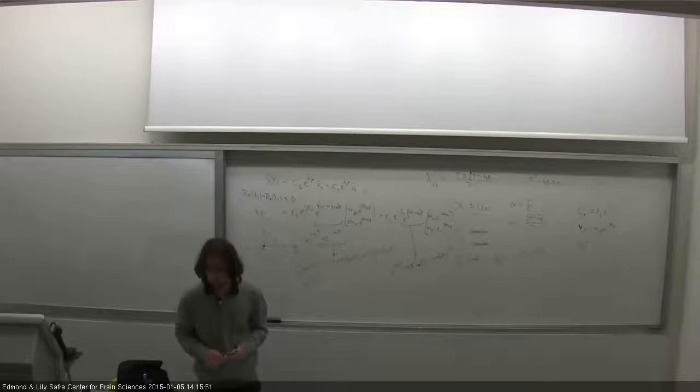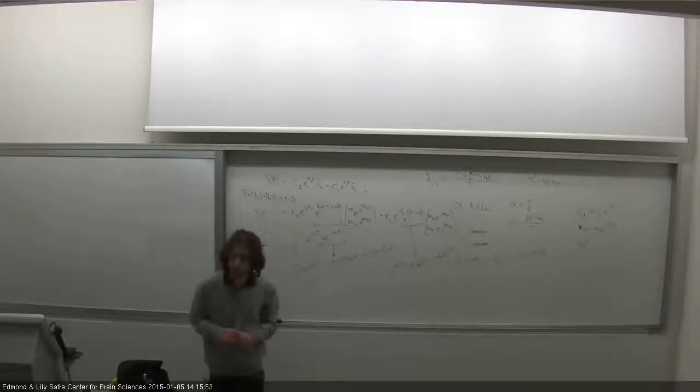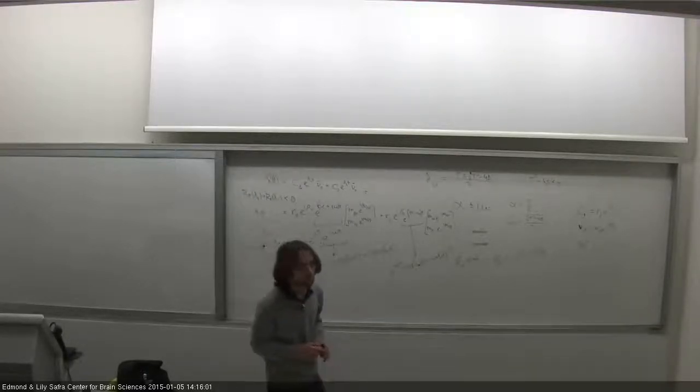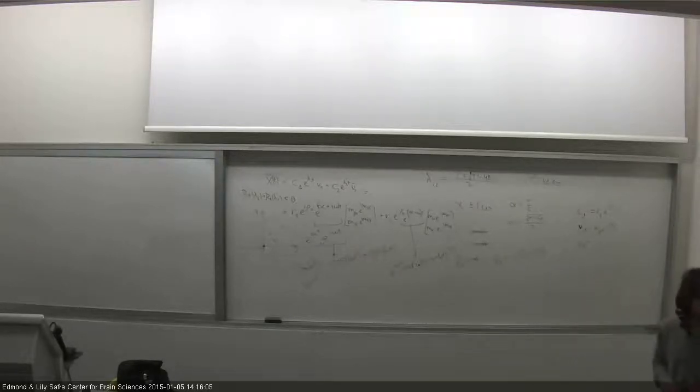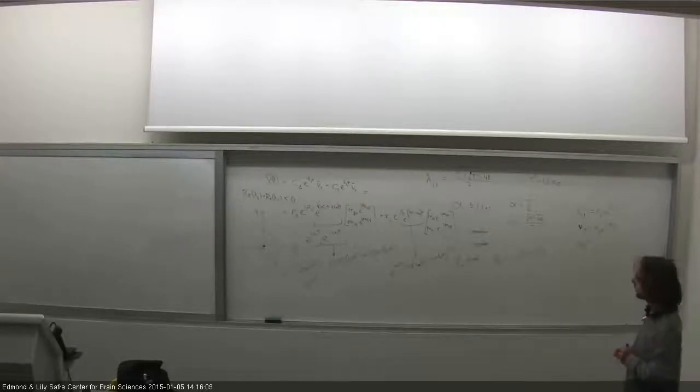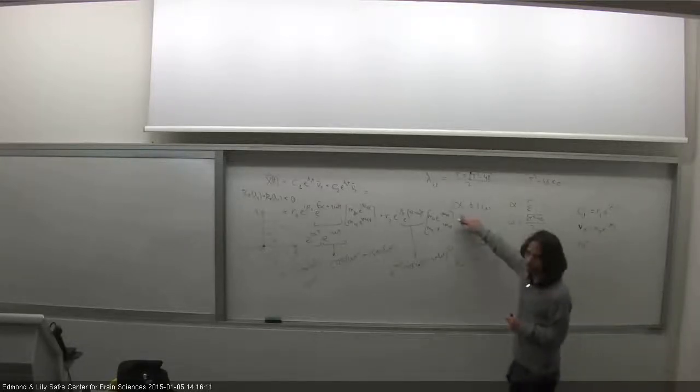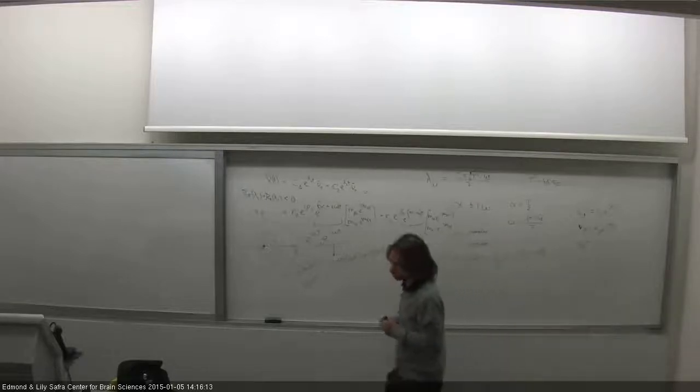Yeah, you can reach a general form. It's not very interesting. If both of them are decaying, it's a stable spiral, and if both of them are growing, it's an unstable spiral. Unstable spiral. No, you can't have that, because you have a single alpha.